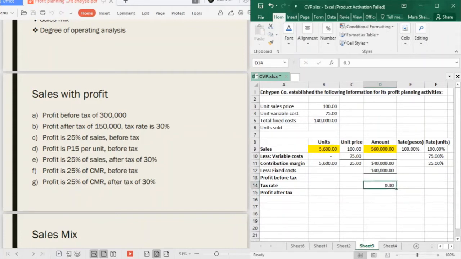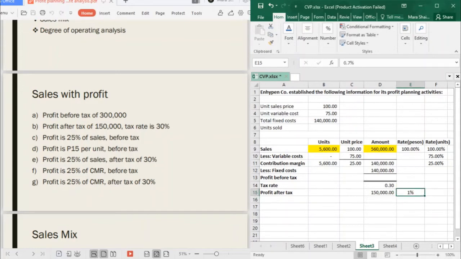We have profit after tax of, how much is it? 150. So, if you know your profit after tax is 150, and given a tax rate of 30, you know that this 150 is 70%, right? So, it is just 0.70.